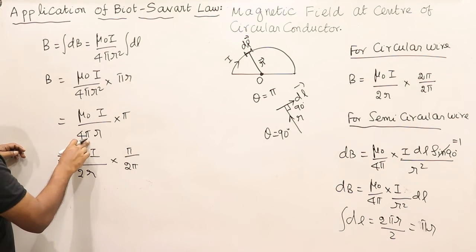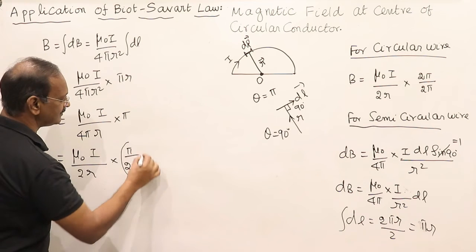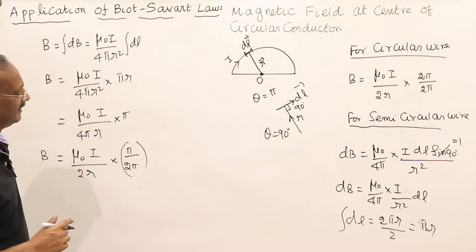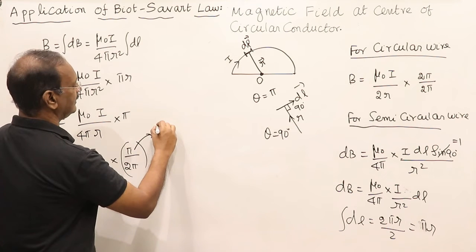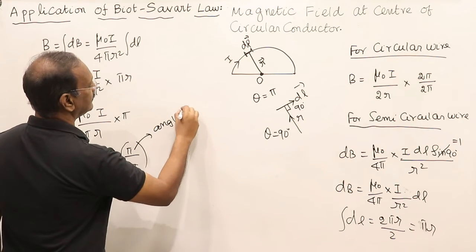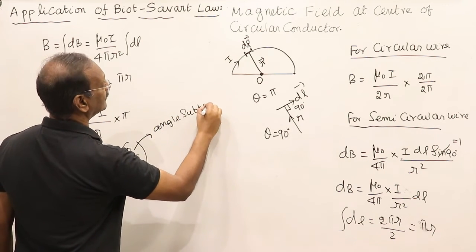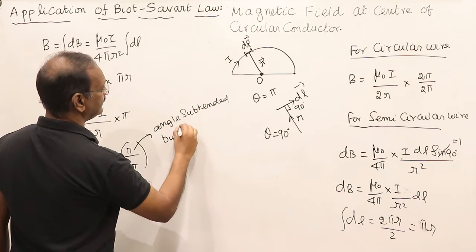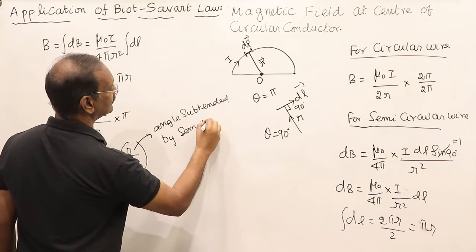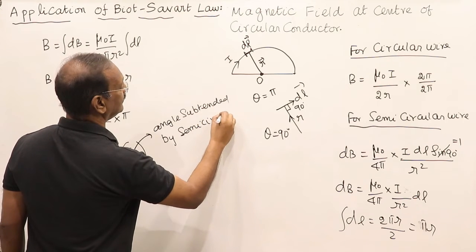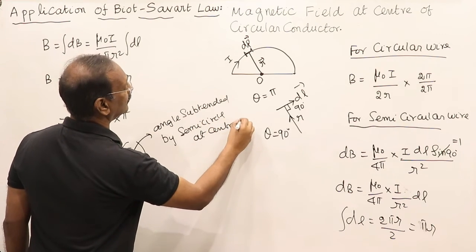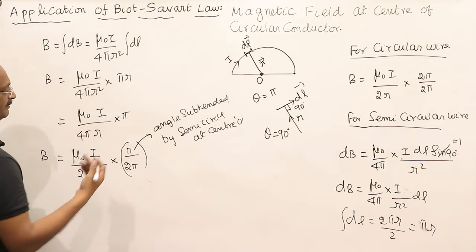This 2 into 2 pi. So this portion is important for us, that is total magnetic field. This is magnitude of magnetic field. This is the angle subtended by semicircle at center O, divided by 2 pi.